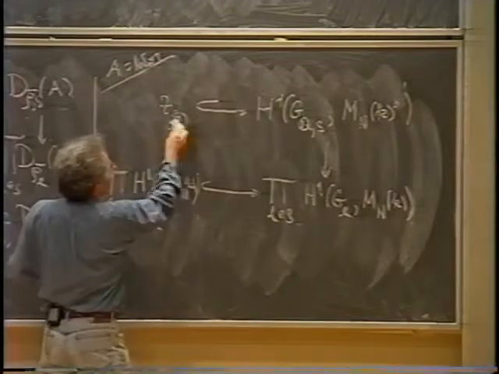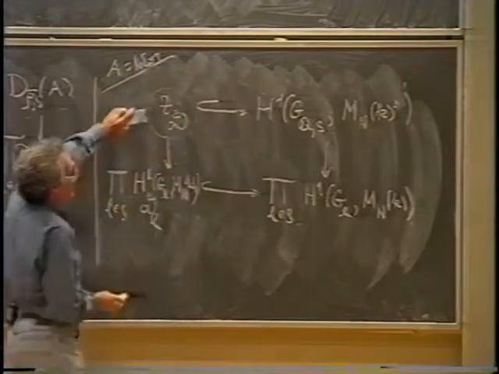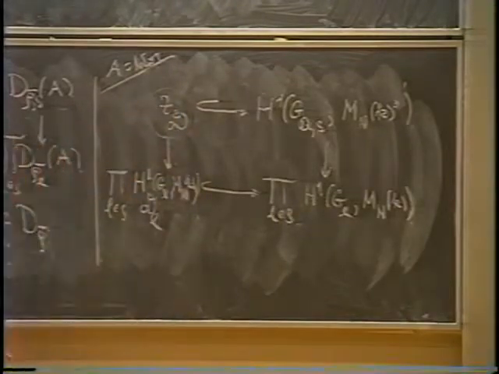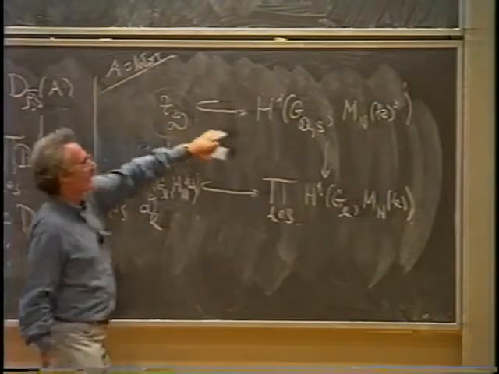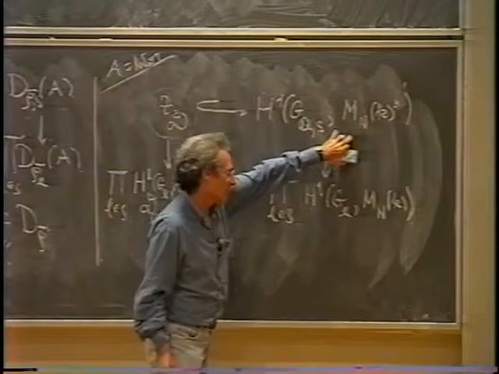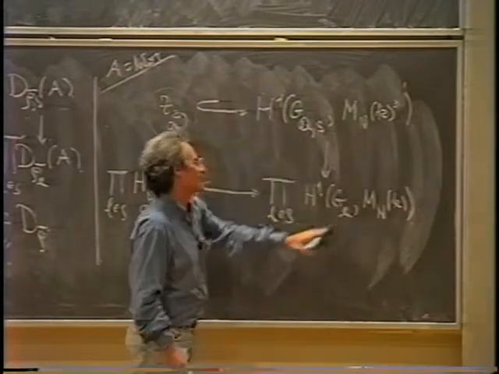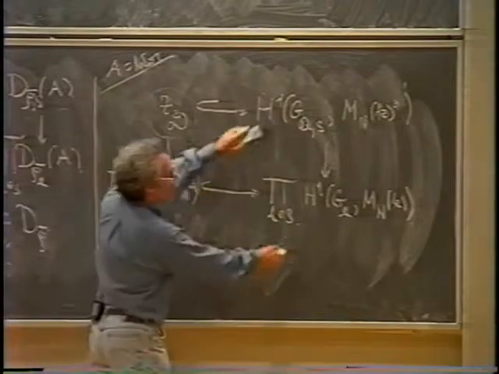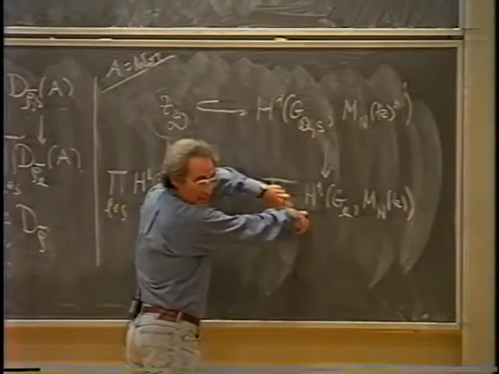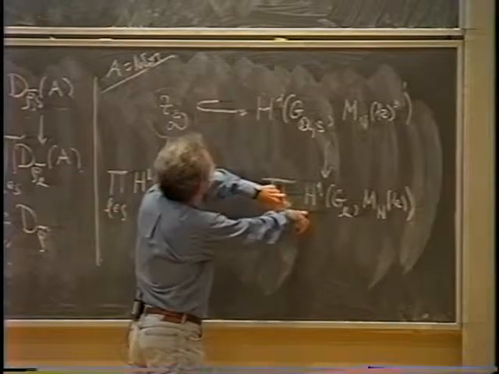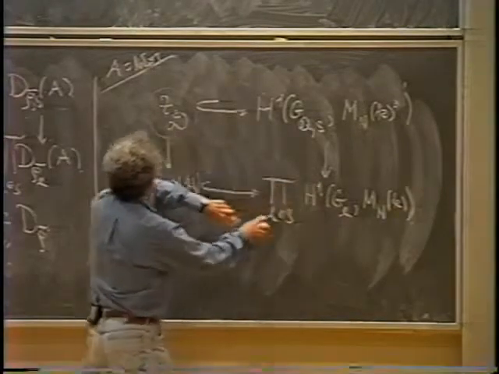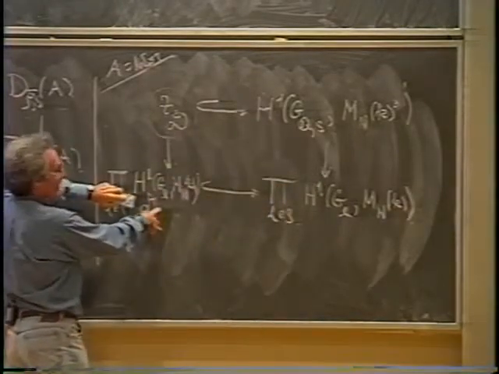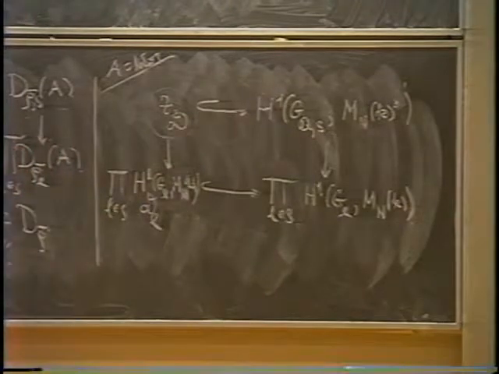And this gives a determination of the tangent space of the deformation problem with condition D as the subspace of the global cohomology which, when restricted to each local prime in turn corresponding to the ramified primes, satisfies the local condition that we've imposed.